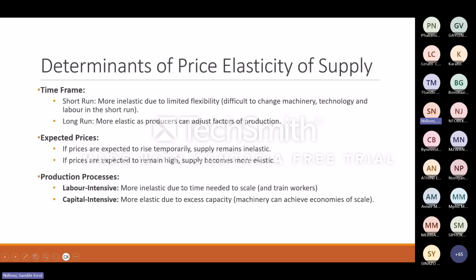So if producers know that prices will only increase in the short run, but then come back to their original levels in the long run, then producers will not bother to change their quantity supplied, because they don't see the need. Why increase your supply if the price increase is temporary? That will cause you to constantly adjust, which will be bad for business. It will be bad for your demand.